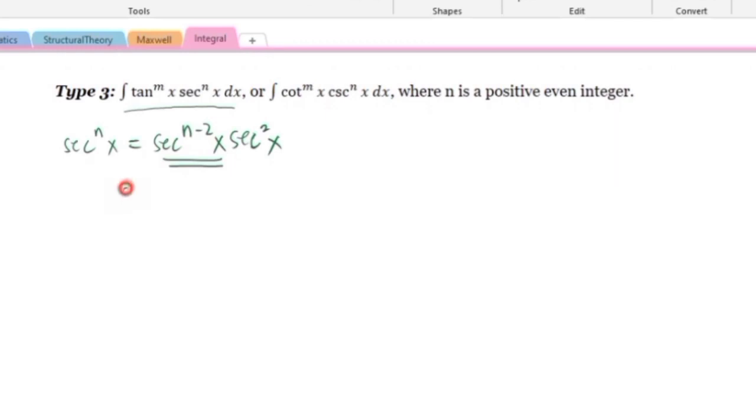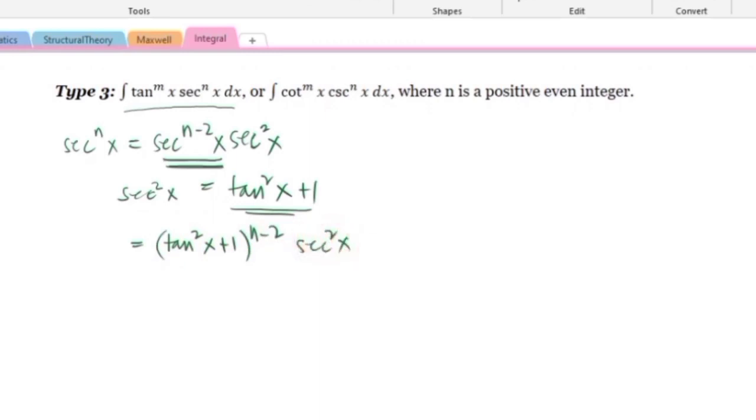We will use the identity secant squared x is equal to tangent squared x plus 1. So this part will be replaced by tangent squared x plus 1 raised to the power of n minus 2 over 2, times secant squared x.